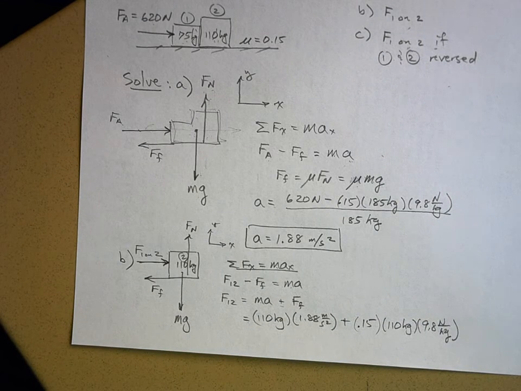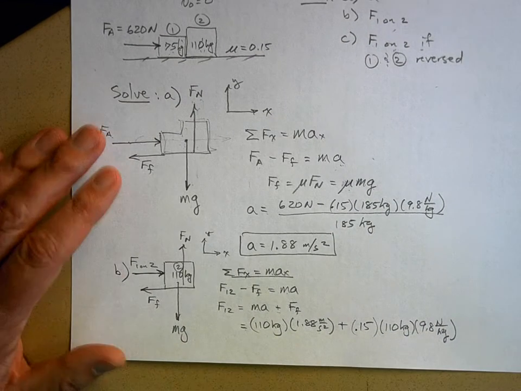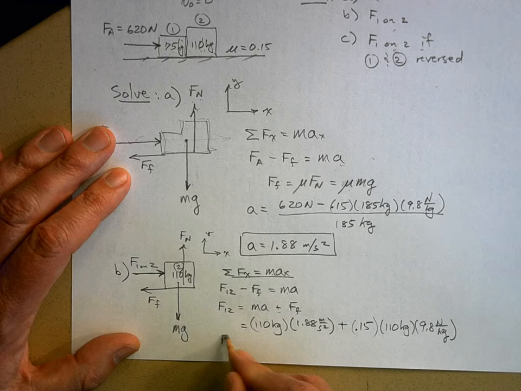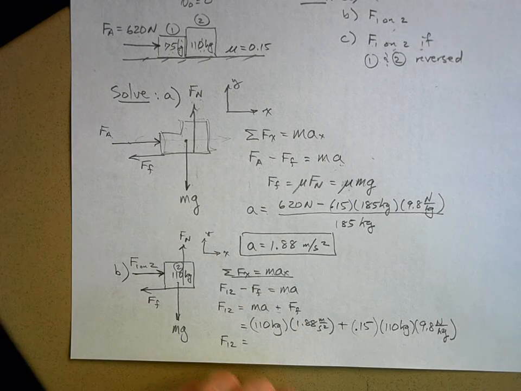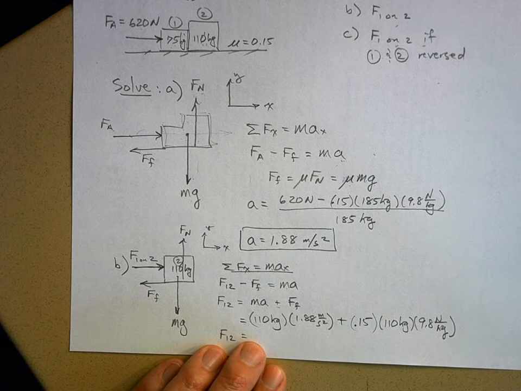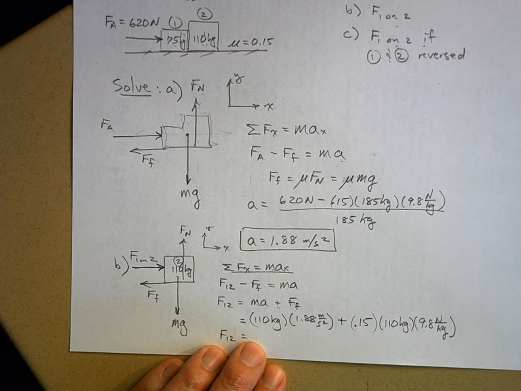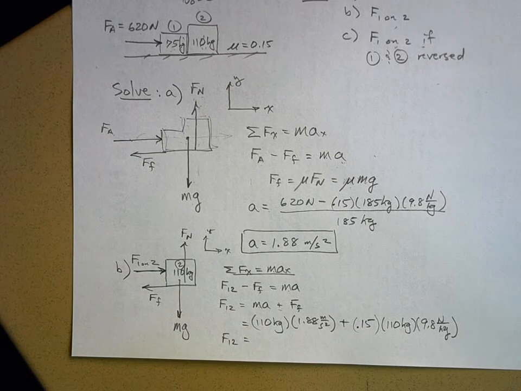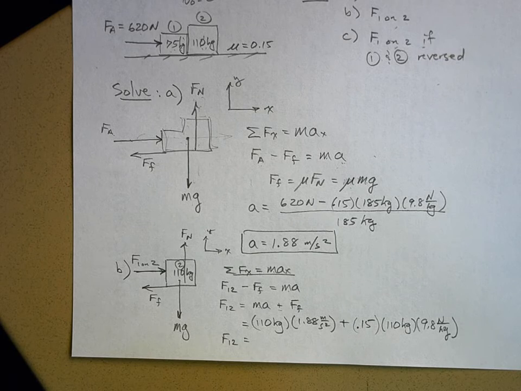Okay, and now I can solve it. So what is 110 times 1.88 equals 206.8, and I'm going to add to it 0.15 times 110 times 9.8, and I get 368.5.